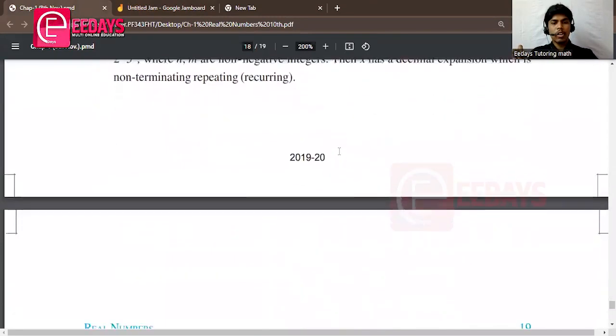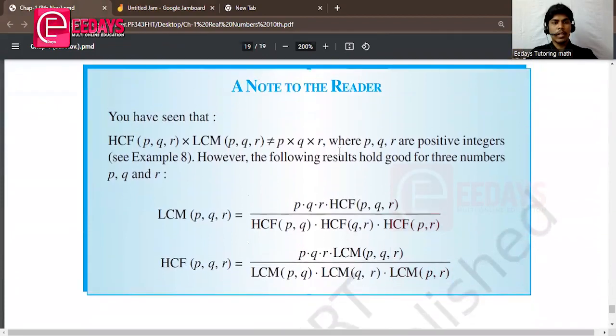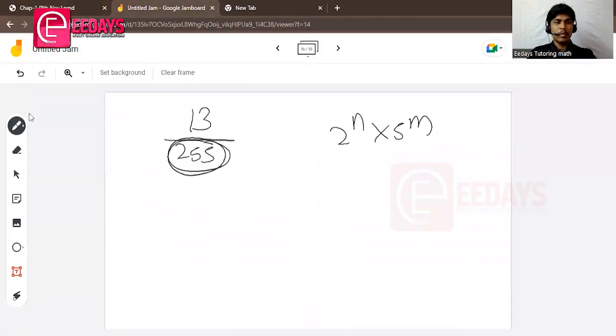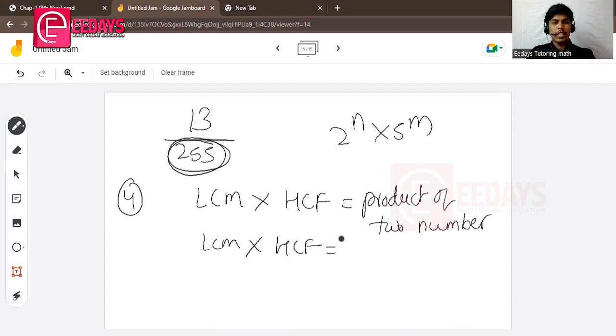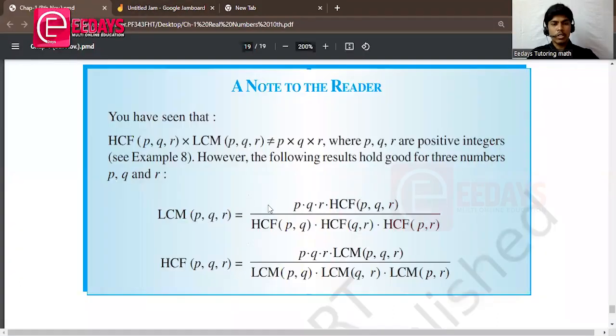And finally, the concept we learned about. These are the formulas. HCF into LCM, that is the important formula we missed. The fourth one: if they give LCM and HCF and two numbers, LCM into HCF is equal to the product of two numbers, that is A into B. We already solved all the questions.